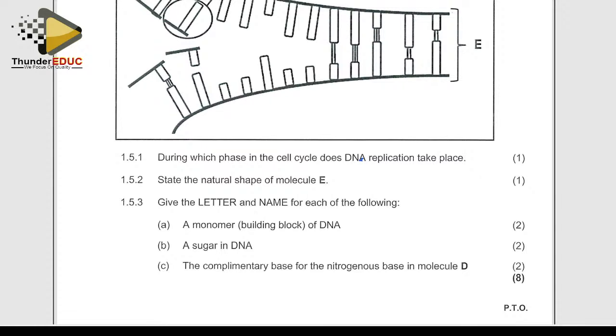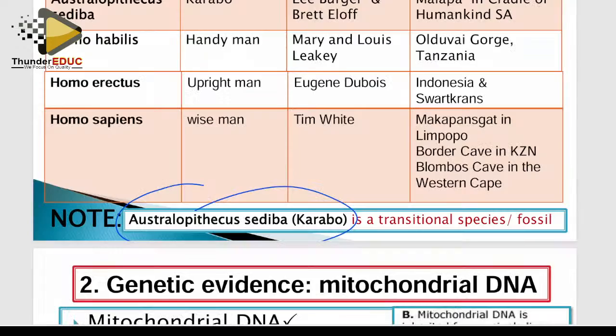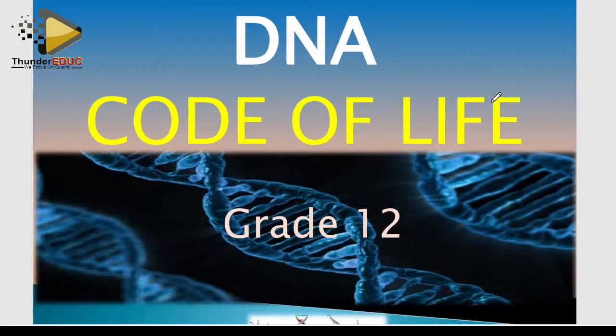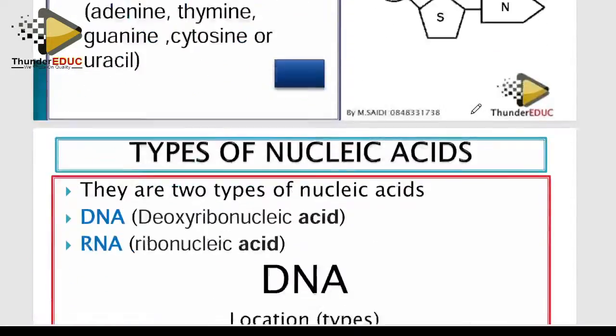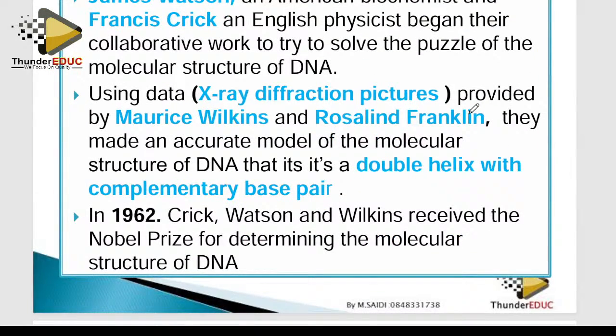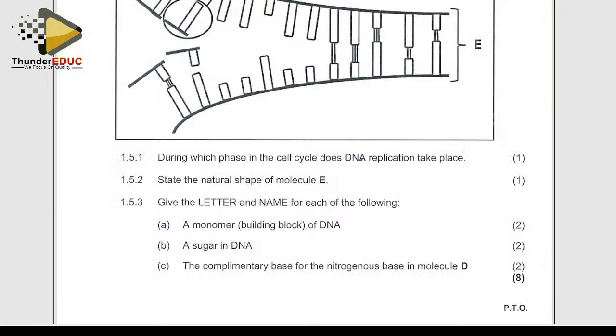This one I emphasize, we call it double helix, not double helical, not helical, not coiled. The only statement we accept is double helix, because James Watson and Francis Crick described DNA as a double helix with complementary base pairs. That's how James Watson described it, and that's how we're supposed to describe it. So I think I'm clear there.